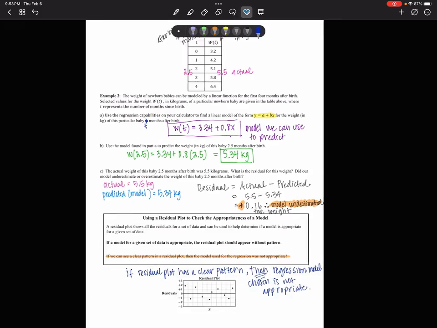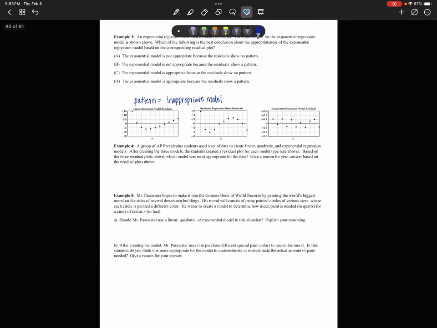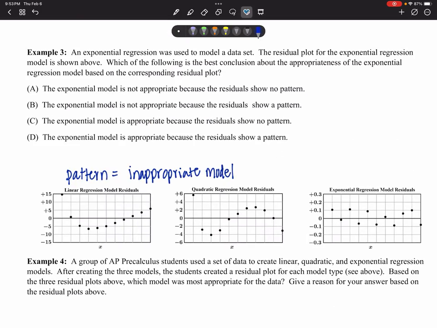That's what we're going to ask every single time. Is there a pattern? Yes or no? No, no pattern. So pattern, inappropriate; no pattern, therefore appropriate.